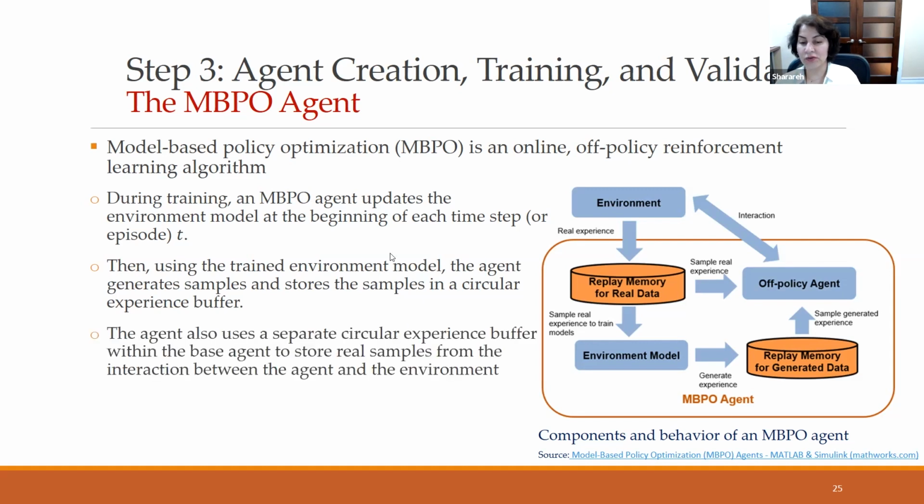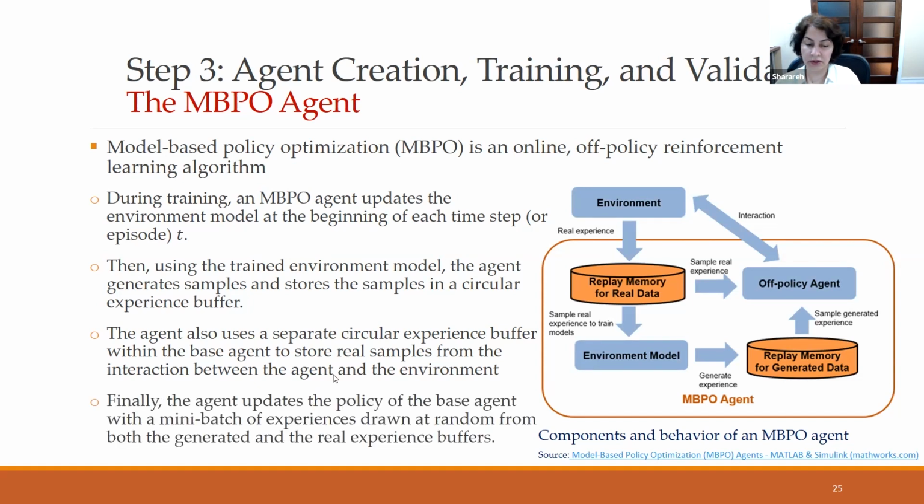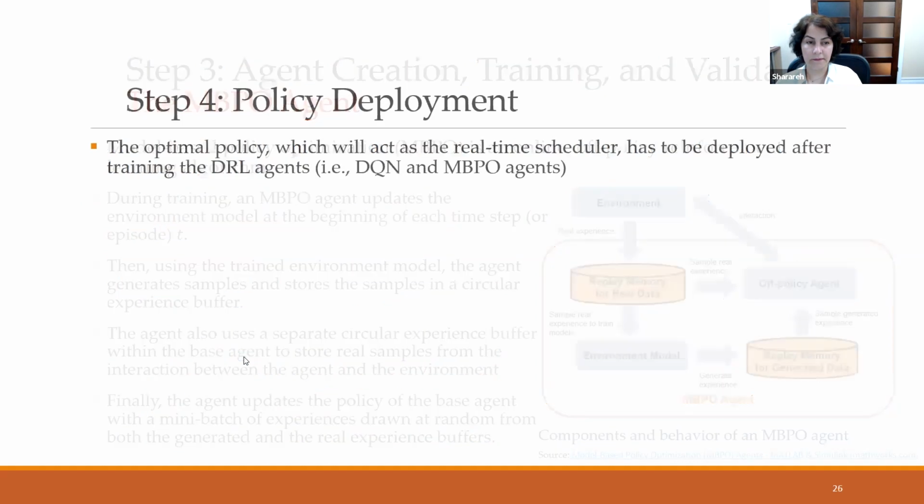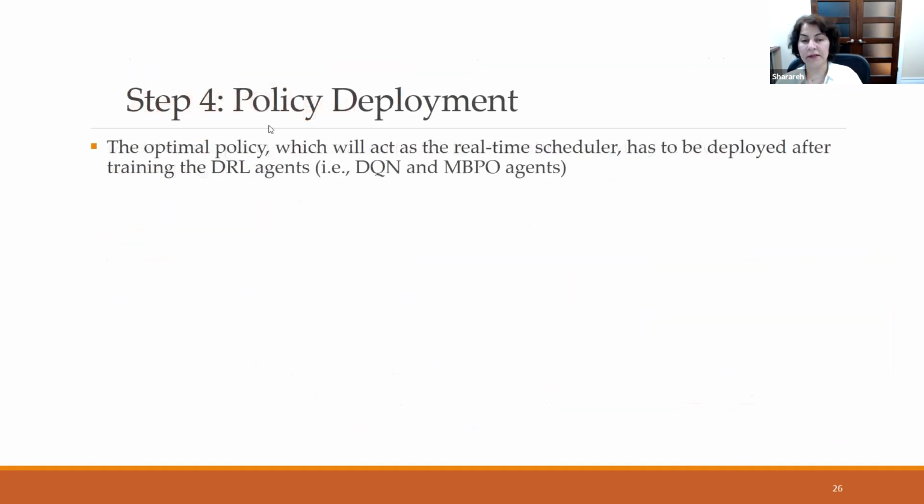But in addition to these generated samples, there is another storage for the samples coming from the direct interaction of the agent with the environment. Eventually both of these are used for updating the policies. And then we have the policy deployment.